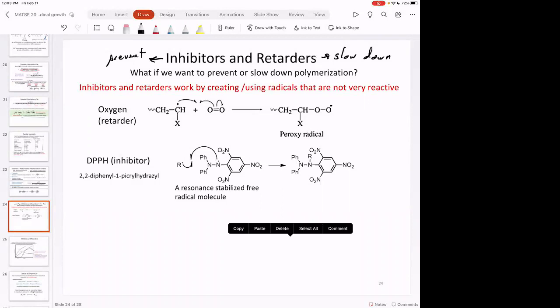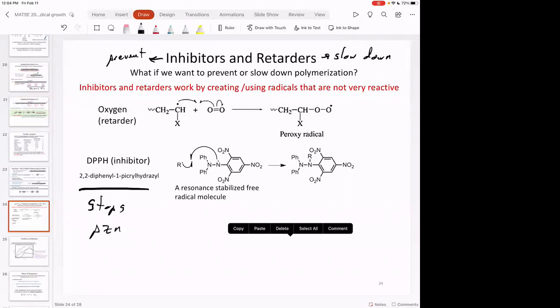Do I want to inhibit making polystyrene in that tank, or do I just want to slow it down as that rail car's going to Wilmington or something like that? I want to inhibit it, right? I want to have zero polymerization. And I'm going to use something like DPPH or BHT. There's all sorts of different inhibitors, but this stops polymerization.